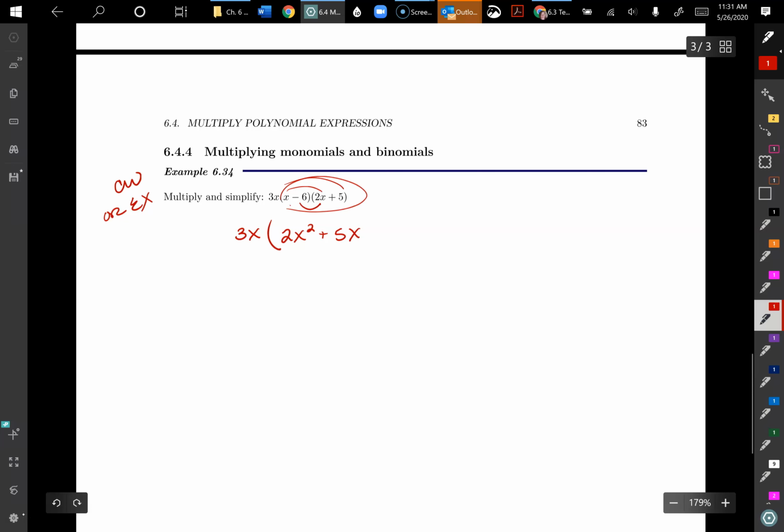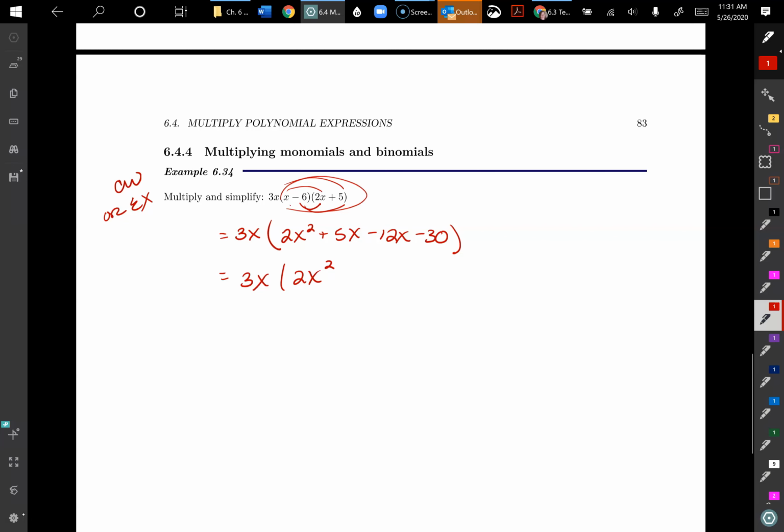Then my insides is negative 12x, and my outsides are negative 30. I think I got them all. And I do want to combine like terms before I distribute this guy.